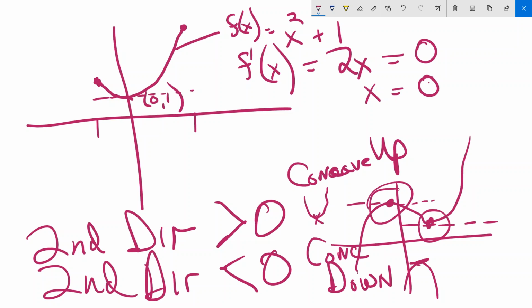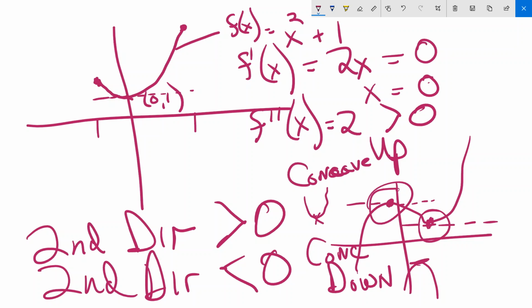In other words, on the function I've drawn in the upper left, we took the derivative and solved it. It's at x equals 0, but we don't know if it's a minimum or a maximum until I take the second derivative. The second derivative is 2, which is greater than 0. So it has to be concave up, and that means it's a minimum.